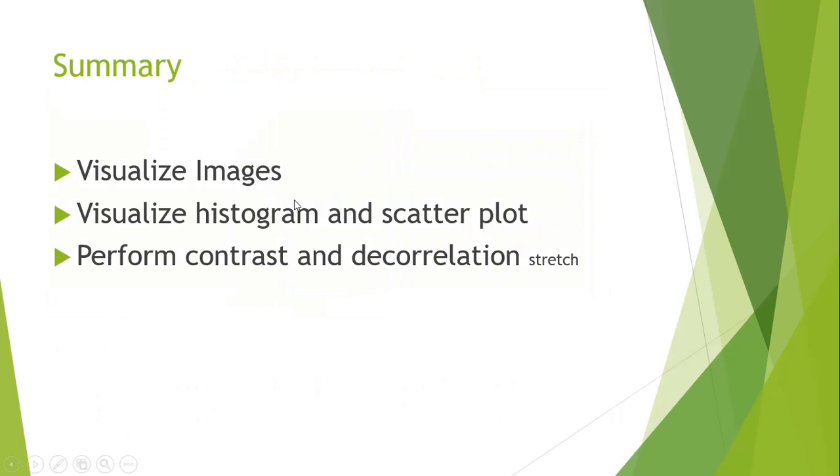In summary, we have been able to visualize using histograms and scatter plots, but also we have been able to perform contrast enhancement using the contrast and the decorrelation stretch that we have looked at in this class.